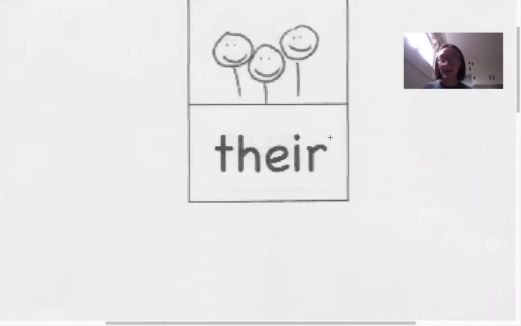Okay, what about this one? Their. We use their when we use the word they. They are my family. But then when we want to say that they own something, we say that is my family's house. That is their house.